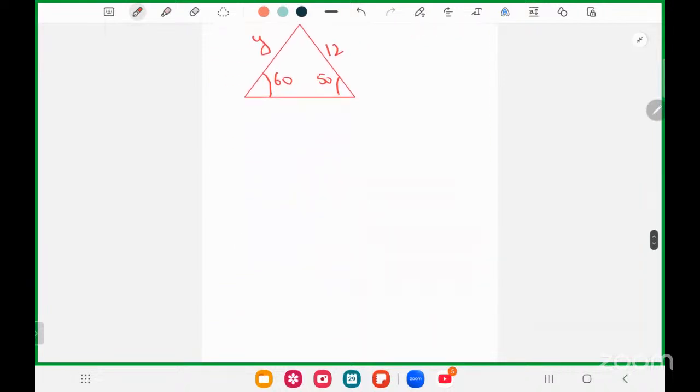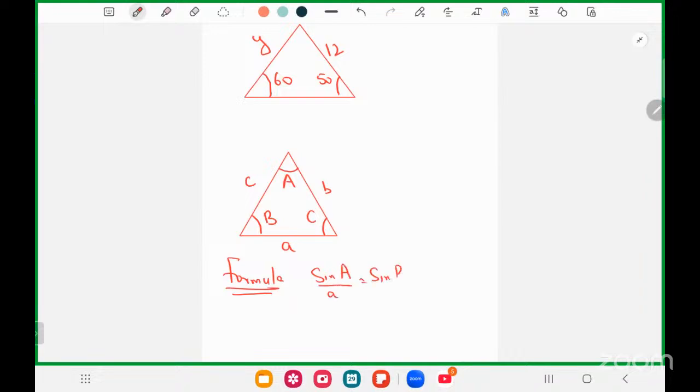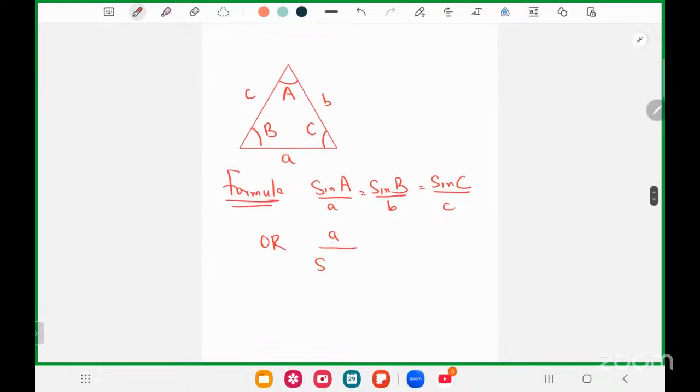So the question arises, how to apply sine rule? In order to apply sine rule, if this is angle A, this is side A, this is angle B, this is side B, this is angle C, this is side C, the formula is sine A over A equals sine B over B equals sine C over C. Or you can reciprocate it: A upon sine A, B upon sine B, C upon sine C. You can apply either of the two formulas.